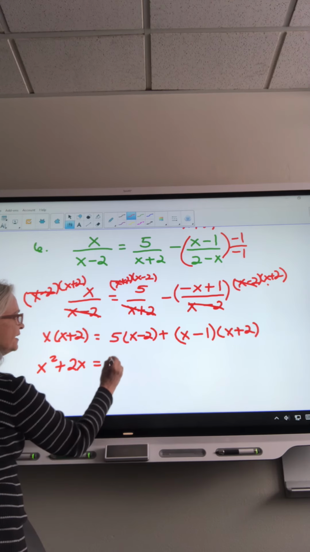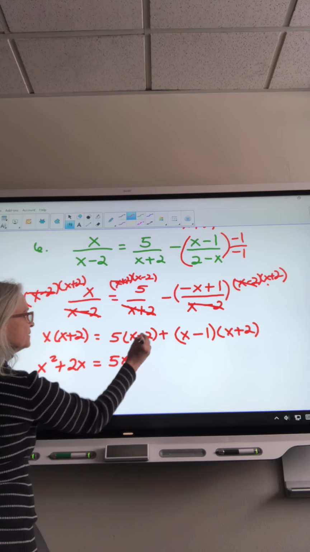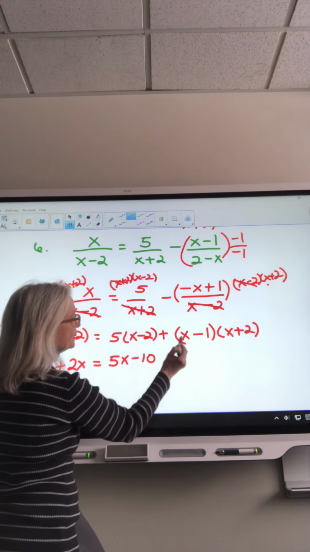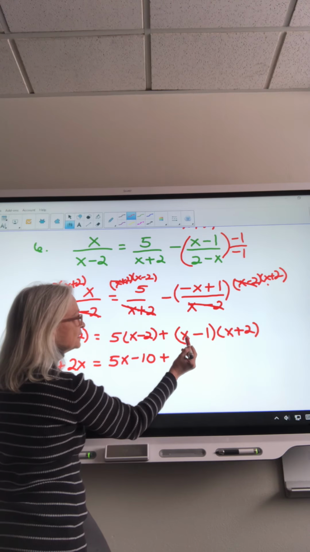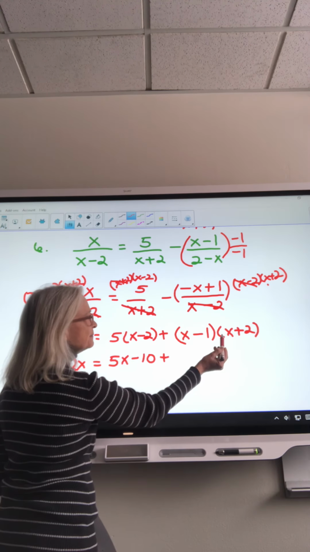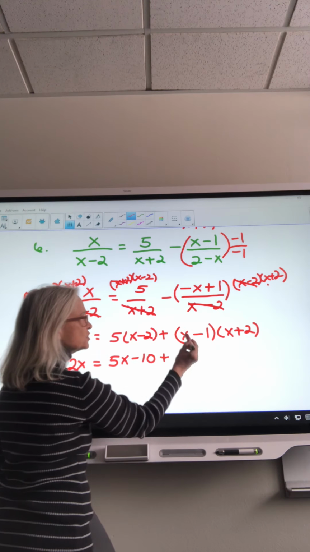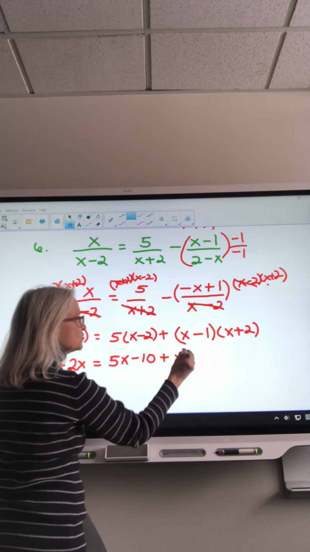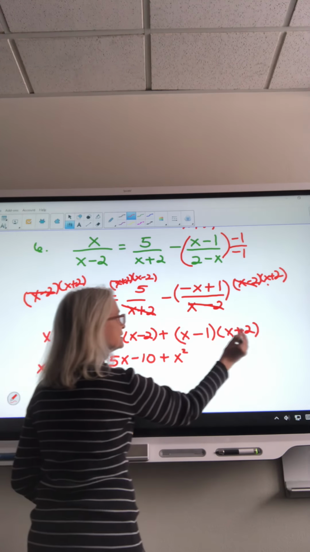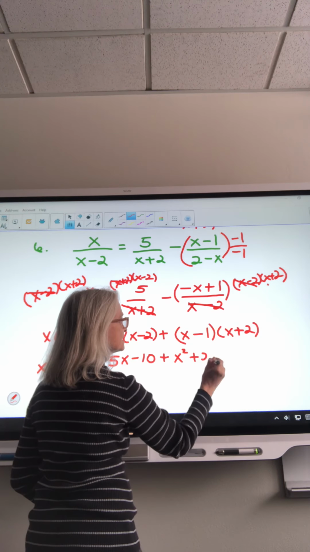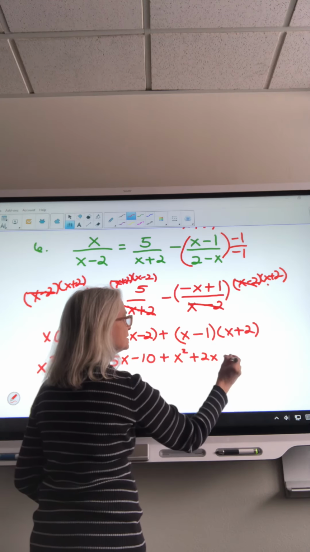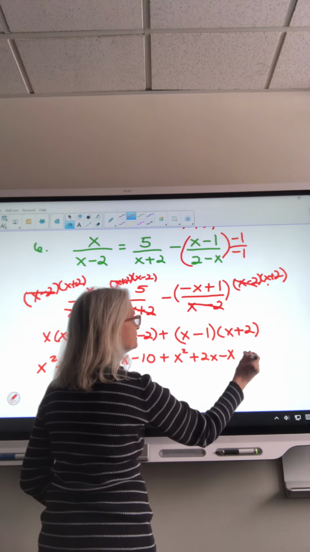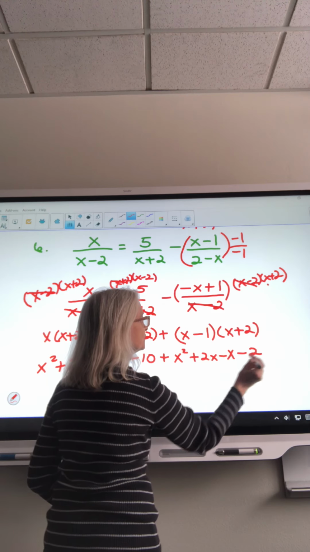So we get 5x. 5 times a -2 is a -10. And then here, we're going to distribute the x minus 1 to the x plus 2. So x times x is x squared. x times 2 is 2x. A -1 times x is a -x. A -1 times 2 is a -2.